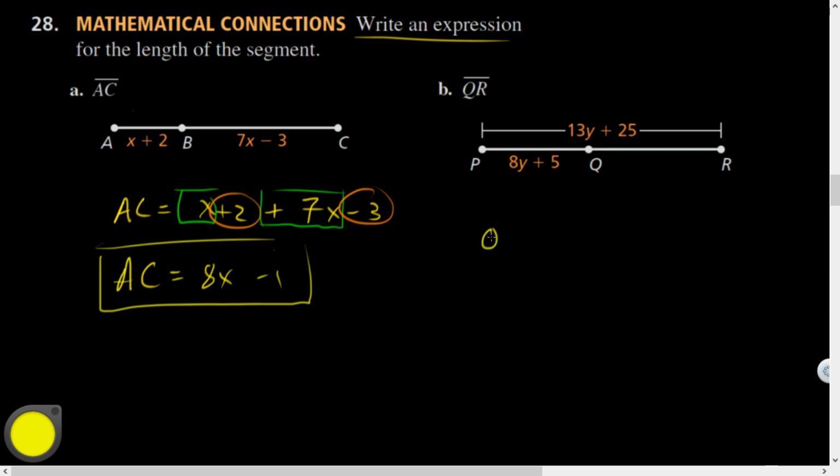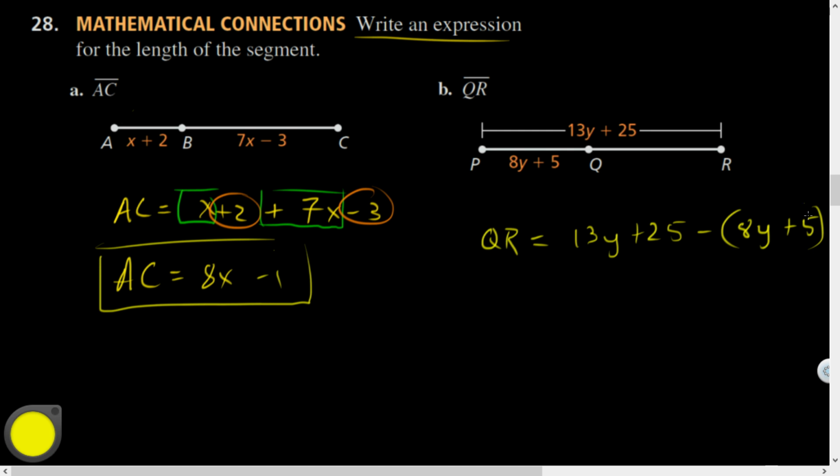QR is going to equal, okay, so QR is this length. So I could say PR is equal to this plus that. But if I pre-solved this for QR, I could say that's going to equal the large length minus the short. So I'll do 13y plus 25, and be careful here, let's throw this in parenthesis, 8y plus 5.